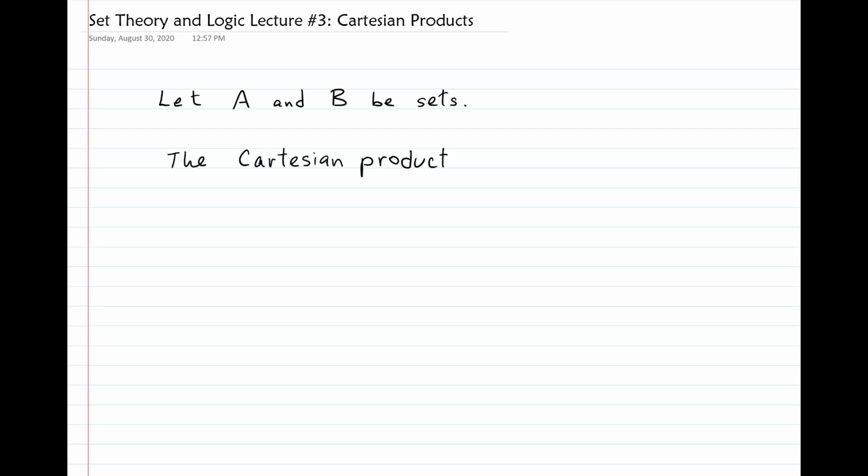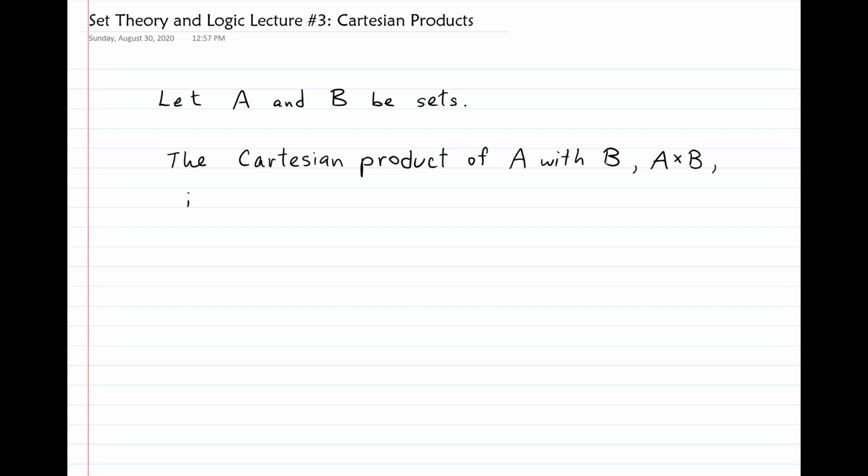Okay, so the Cartesian product of A with B, which we write this way, A and then an X, B. This is sometimes also called the cross product of A with B. Okay, so what is it?